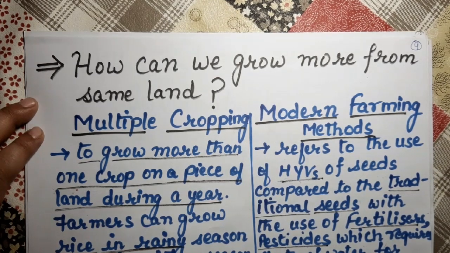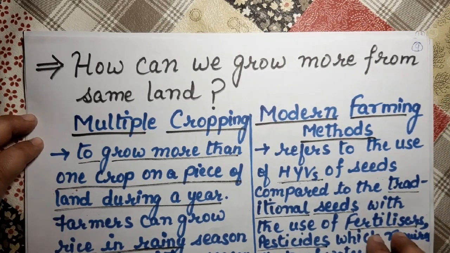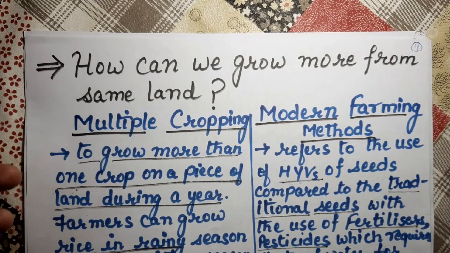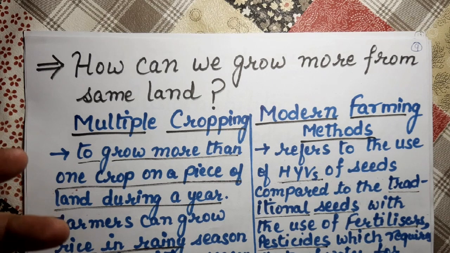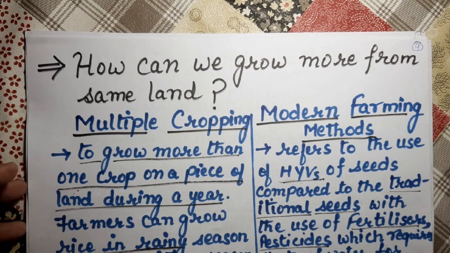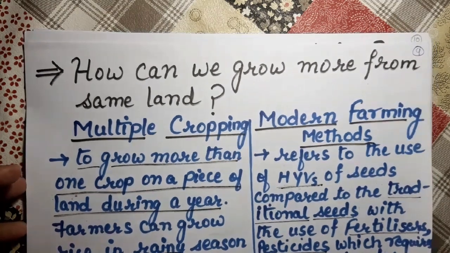Such production is termed green revolution. So what is green revolution? Green revolution means when the modern agricultural inputs or methods are used to get a high production. I hope it is clear now.